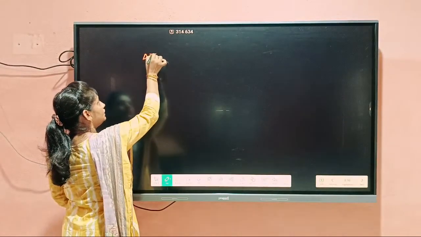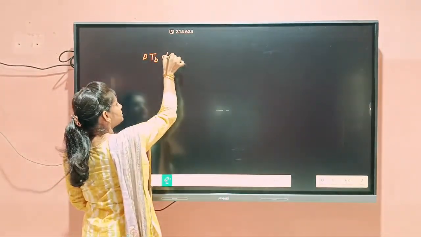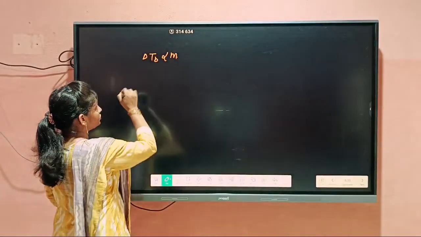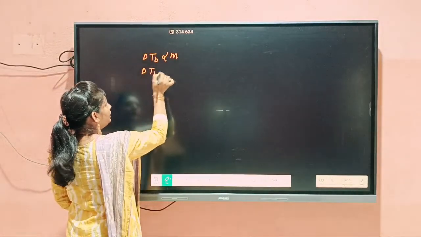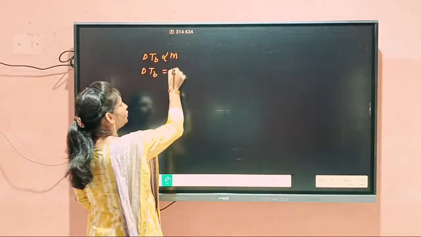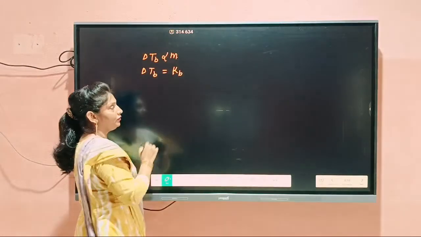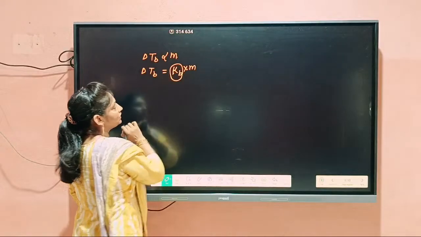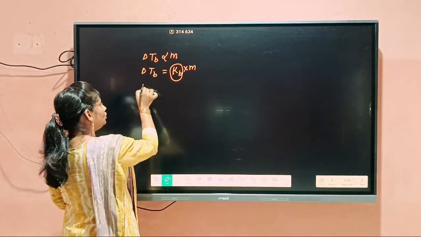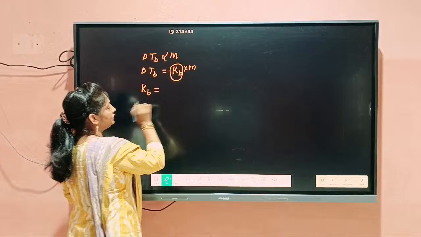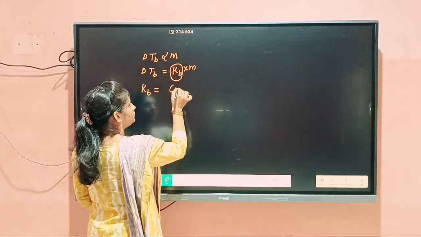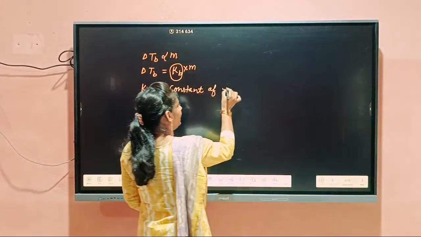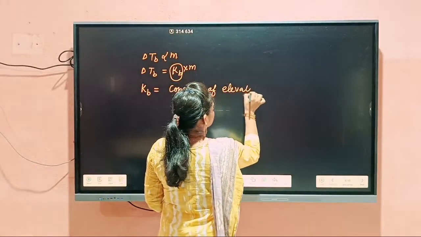So students, elevation in boiling point is directly proportional to the molar concentration of the solution, and delta Tb is equal to, now write the constant of proportionality, Kb into m. Here Kb is the constant of proportionality, or we can say Kb is the constant of elevation in boiling point.